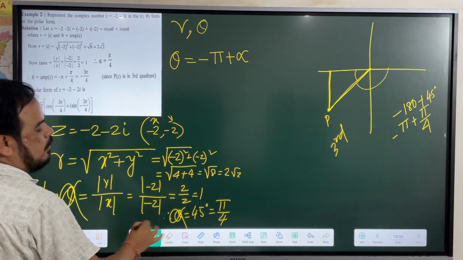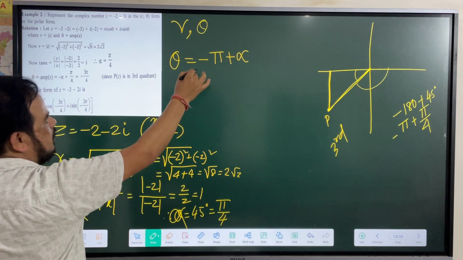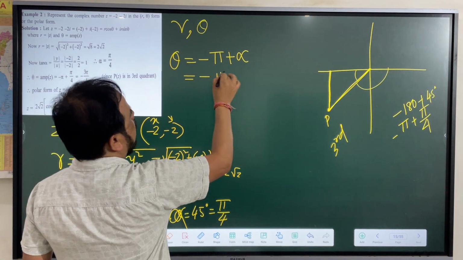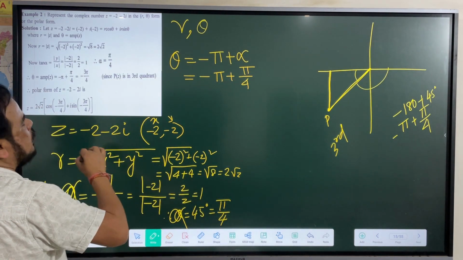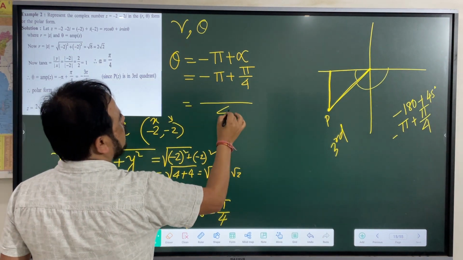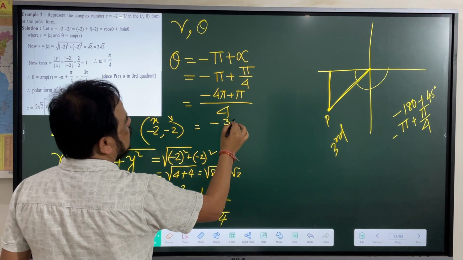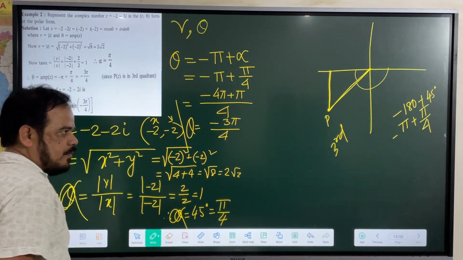Alpha we have got 45 degree or pi by 4. We will use pi by 4 because the calculation can be done easily. Minus pi plus pi by 4, with LCM 4, is minus 4 pi plus pi, minus 3 pi by 4. This is the value of theta.